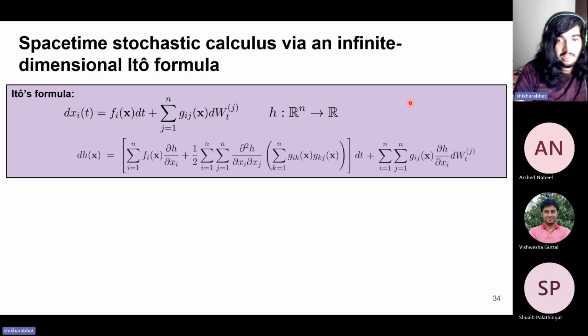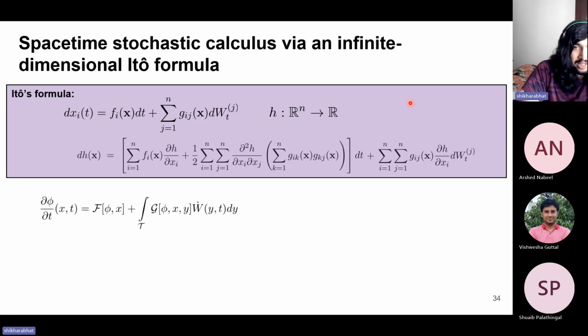What do we expect for SPDEs? Well, let's say I have an SPDE that looks like this. It's slightly more complicated than what I had. So if I had dou phi by dou t equals mathcal f of phi comma x plus the integral of g of phi, x, y times W dot of y, t dy.